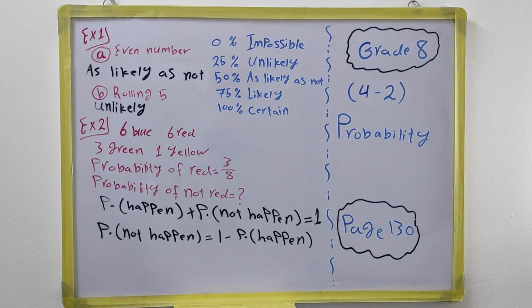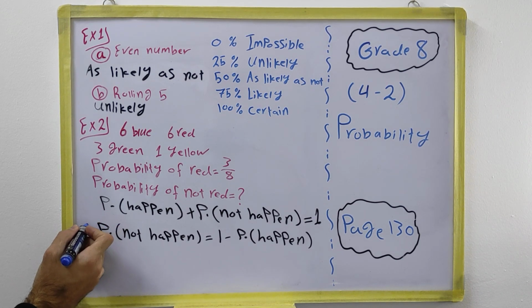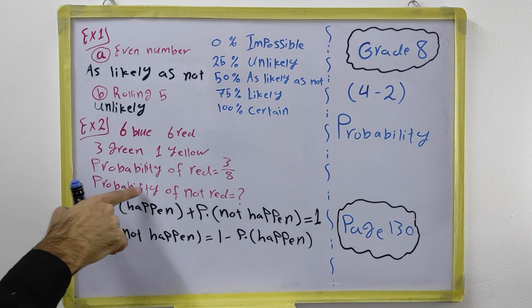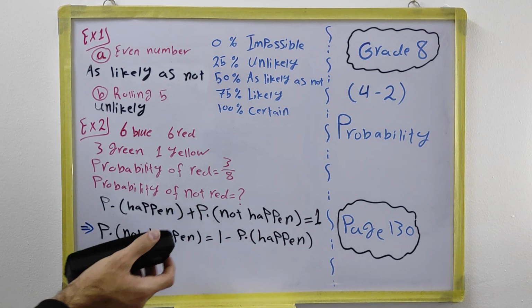This is the rule of probability of something to not happen, like the probability of not red. Probability to be not red equals 1 minus probability of getting red.